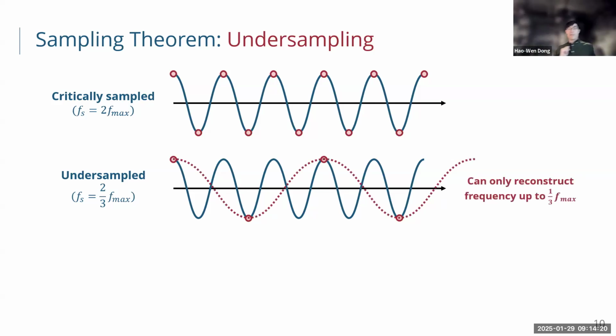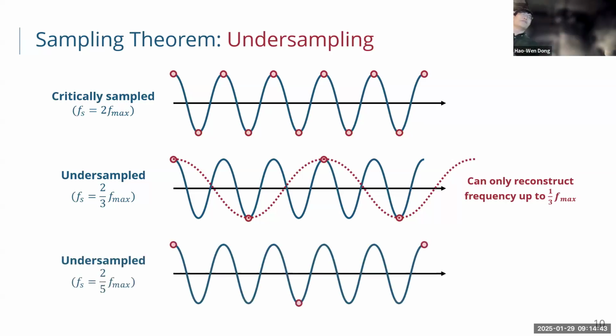So, the maximum waveform or frequency that you can do with all the red dots is this dotted wave. So basically that means you can only reconstruct frequency up to 1/3 the maximum frequency.